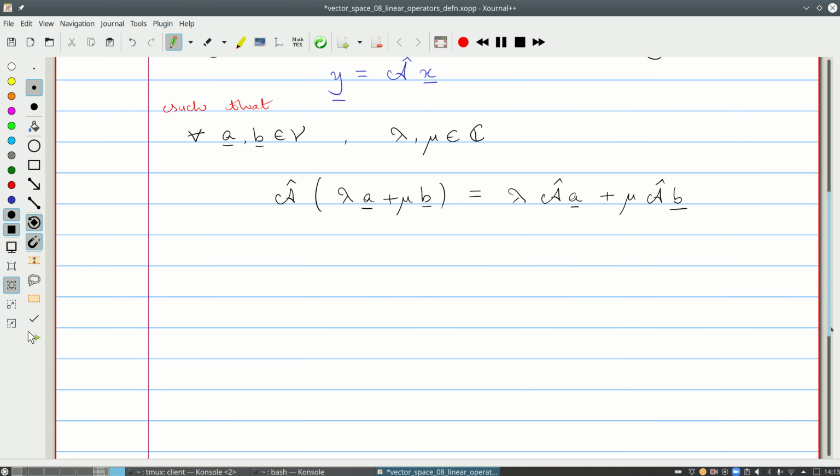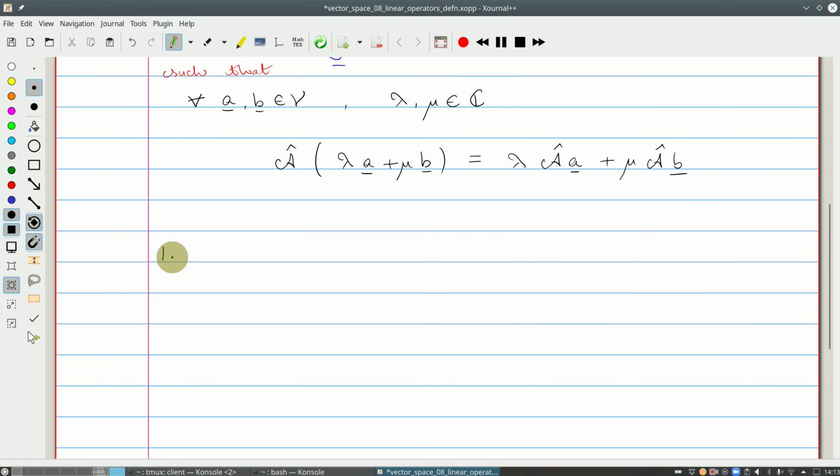So, for example, the identity operator, we'll call that I. I operates on x, and it gives us x. In other words, it takes the vector space V and it transforms it into itself. There's no change here. The rotation operator rotates vectors and it keeps the space the same.